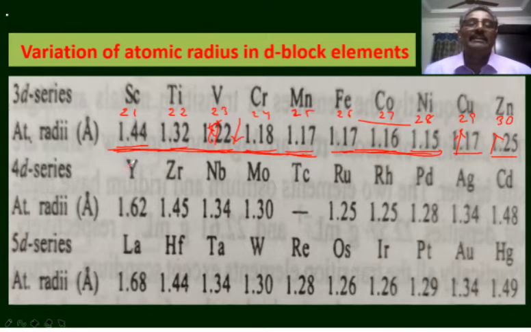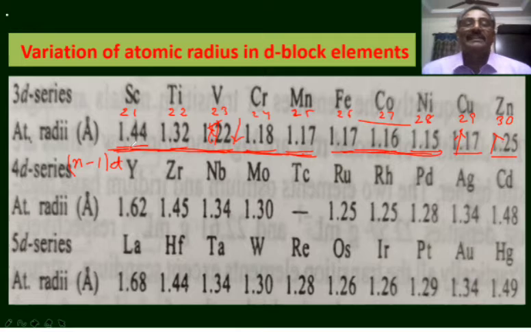Here the d orbital starts filling. Which d orbital? The n-1 d orbital starts filling in the d block elements. That is, the differentiating electron is not entering in the valence shell. The differentiating electron is entering in the inner shell.